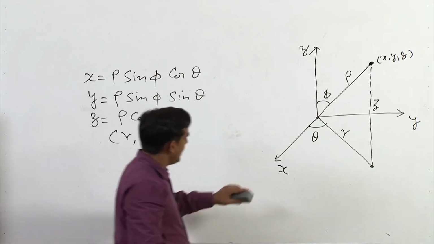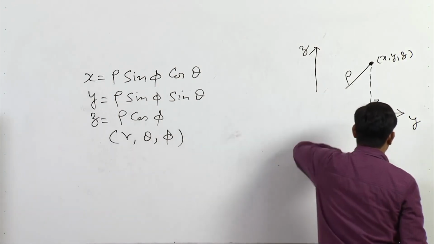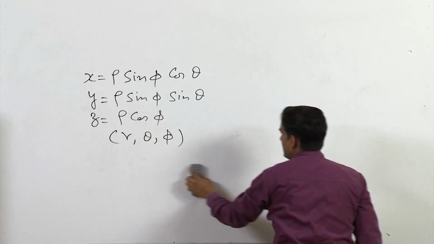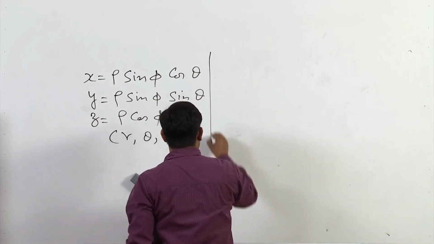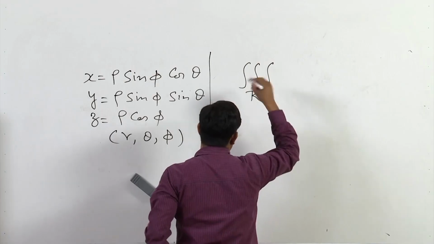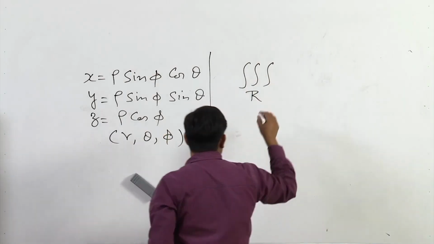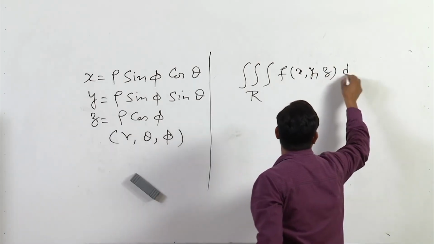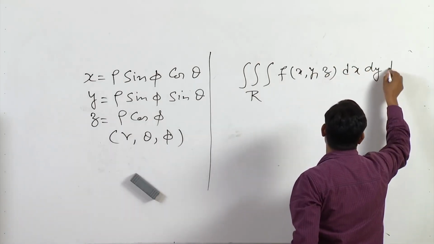Now if I convert my problem into this, let us say I have a triple integral over a three dimensional region R of f x y z dx dy dz.